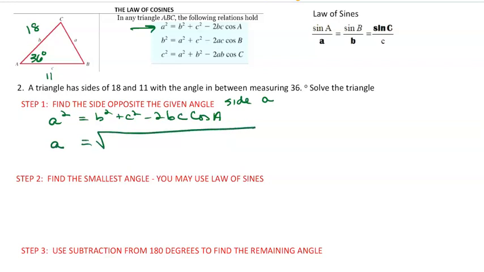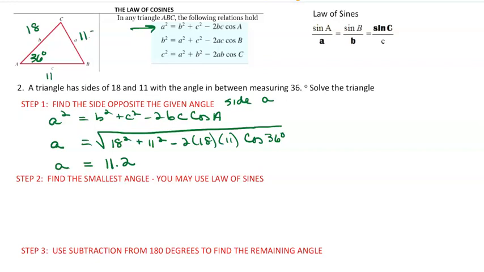And my B is 18, so that's 18 squared plus 11 squared minus 2 times 18 times 11 times the cosine of the given angle of 36 degrees. When I put that in my graphing calculator, I'm getting a value of 11.2, which is a side. So this is side A.